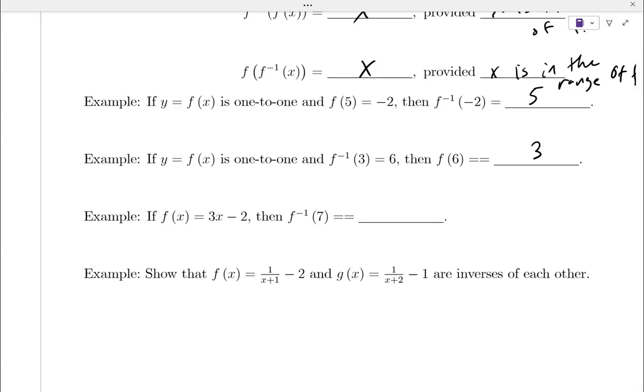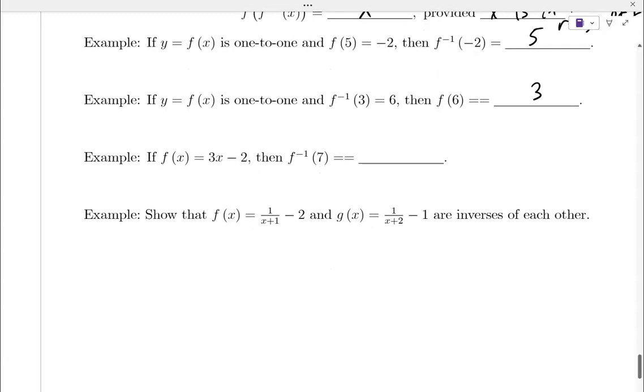Okay. So the next one's a little bit more involved, but not too bad. They give you a function, f of x equals 3x minus 2, and you want to plug 7 as an input into the inverse. Sorry about that.